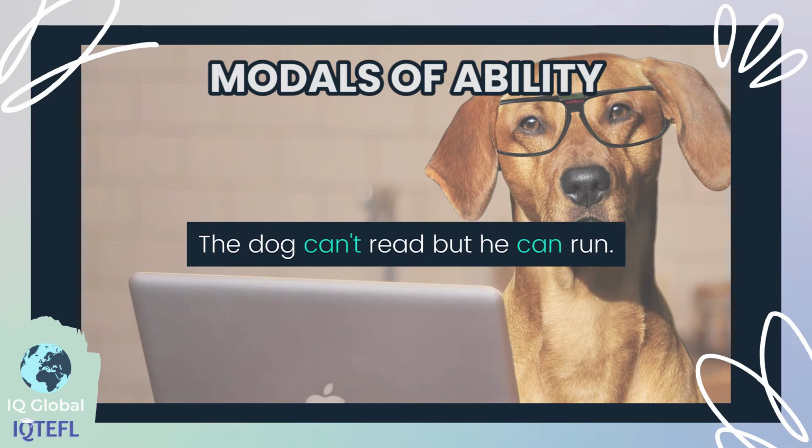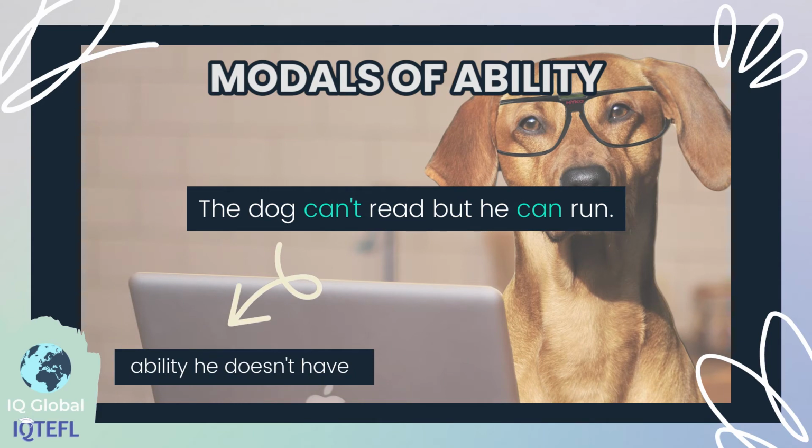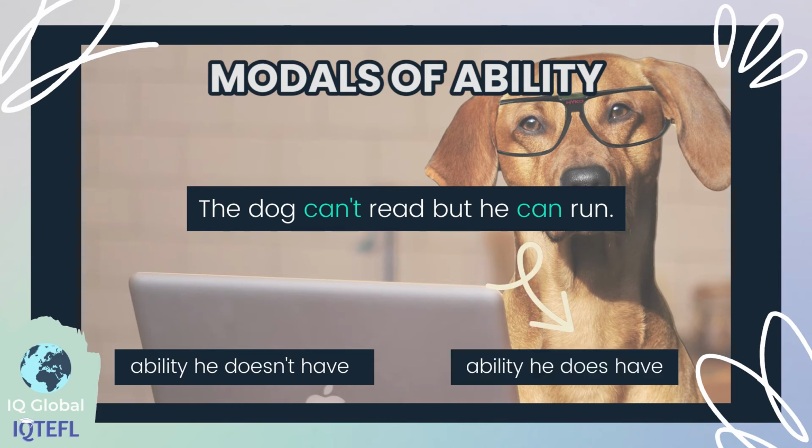Now this is expressing the ability he doesn't have. And we can see the modal verb can right before the verb run. Now this is expressing the ability he does have. This sentence is in the present tense. The dog can't read, but he can run.